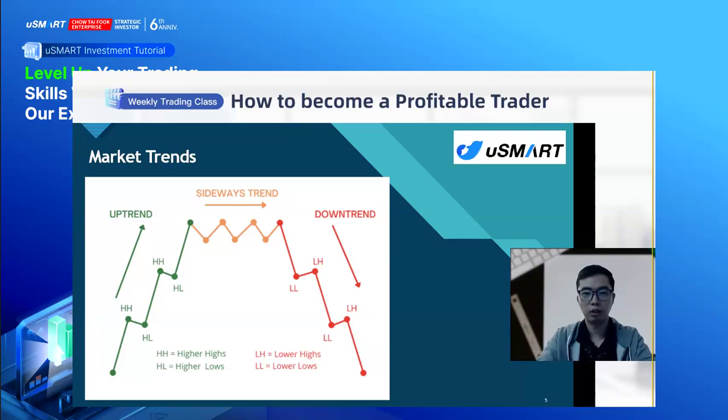So how do we short the market? I think in Hong Kong, short selling is not legal. I think it's not possible to do short selling.